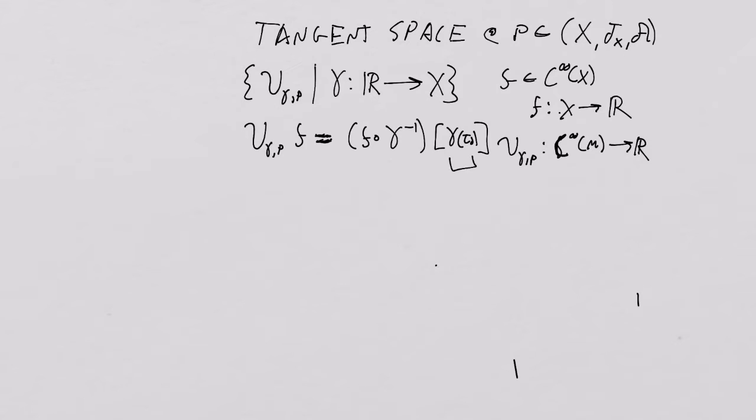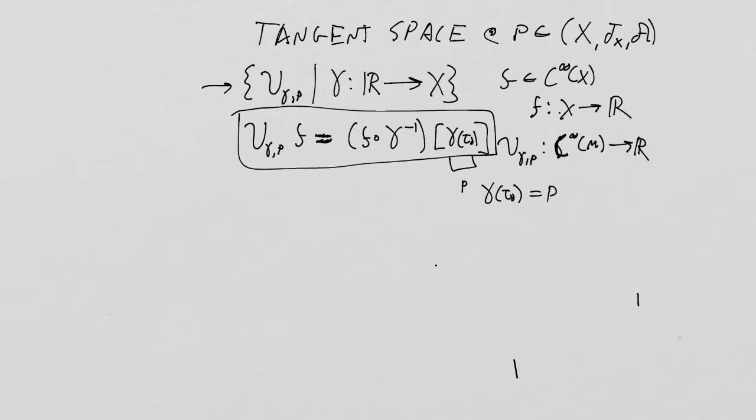So this is ultimately got to be P here. So we know that, for example, it must be that gamma of t0 equals P. And this is how the operation of these velocities is defined. And the set of all of them is the tangent space at a point P. So we've actually made quite a bit of progress there. And we showed that it's a vector space.